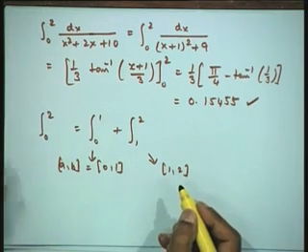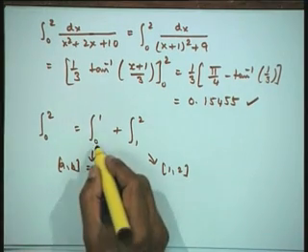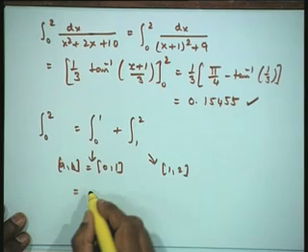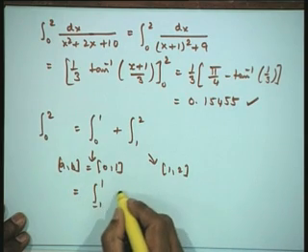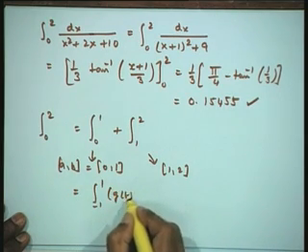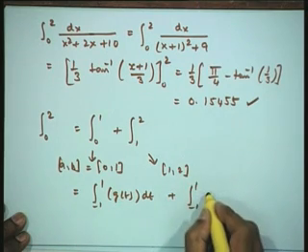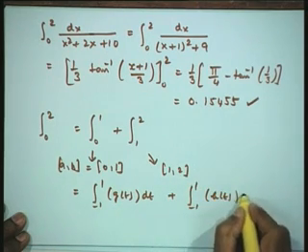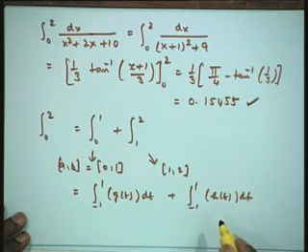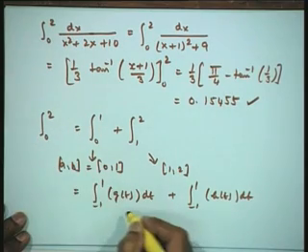Now I can write down the transformation to make it minus 1 to 1, so I can bring this to the integral from minus 1 to 1 of some g t dt, and this I can bring to minus 1 to 1 of some h t dt, by using a suitable transformation.